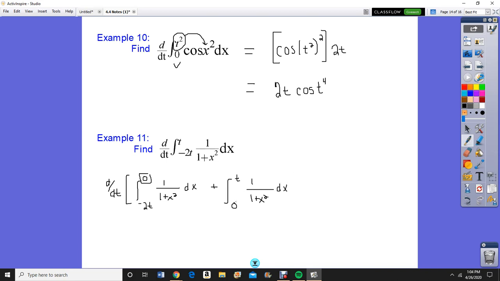So now you can see that we do still have this integral as it moves from -2t, the initial lower bound, to this positive t, that final upper bound, and then finding something to connect in between the two.